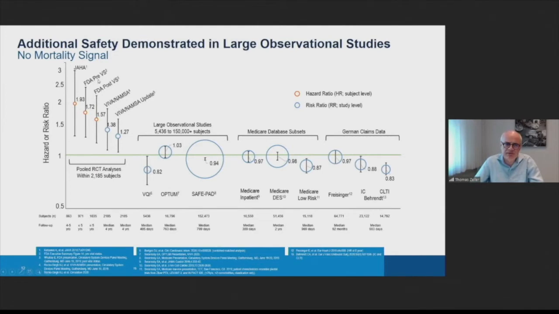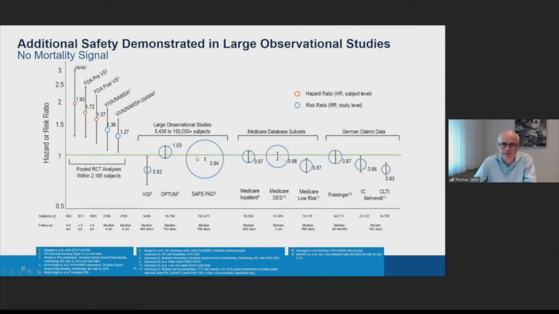The background basically of the entire discussion is one single study. It's a meta-analysis published in December 2018, showing a risk ratio of 1.93 of an increased mortality rate on long term if paclitaxel devices are used, based on randomized controlled studies. Looking more closely into the data set and adding patient information of patients lost to follow-up, this risk went down dramatically to 1.27.